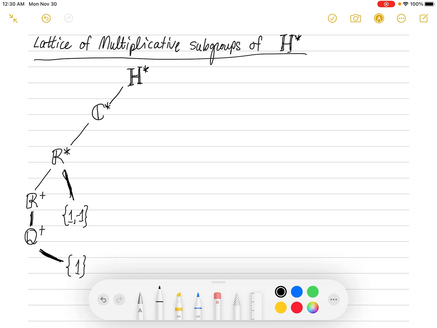It's closed under multiplication. 1 times negative 1 is negative 1. 1 times 1 is 1. Negative 1 times negative 1 is 1. And it has inverses: the inverse of 1 is 1, and the inverse of negative 1 is negative 1. It has associativity. And the set containing the identity, the trivial subgroup, is a subgroup of that.